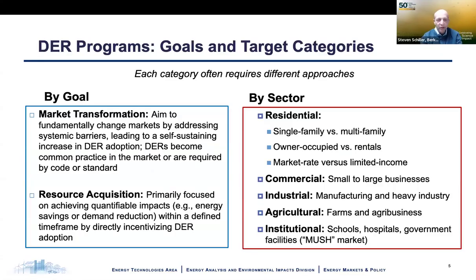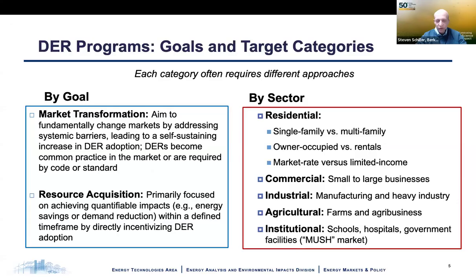So one thing we can think about is different goals. Two common goals for these programs: one is to transform markets, market transformation. And what you're doing there is really aiming to fundamentally change how the market's addressing the barriers that exist to DER adoption. So it's a broad way of moving the whole market.